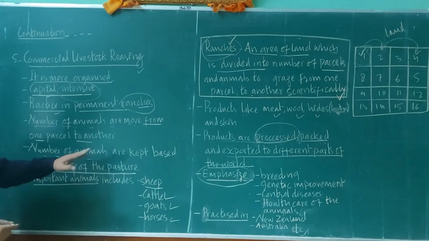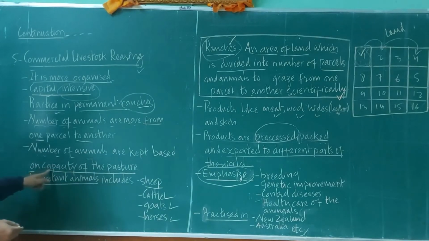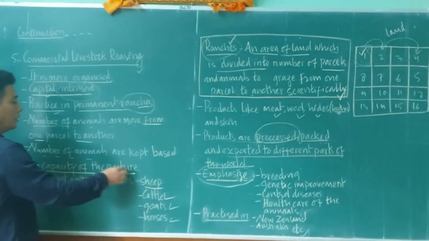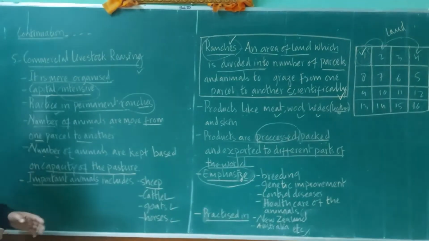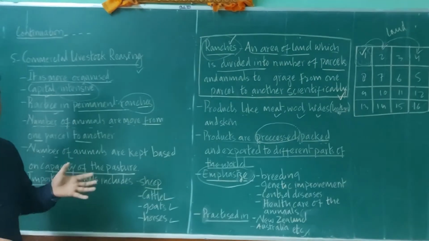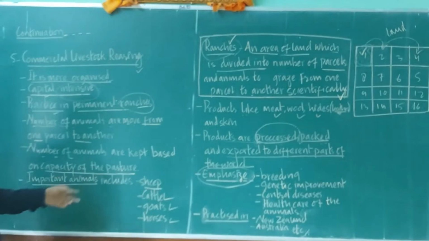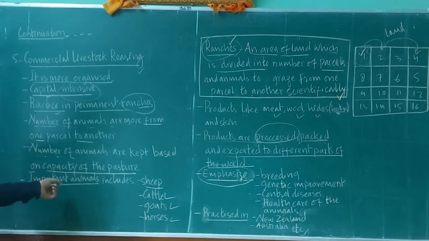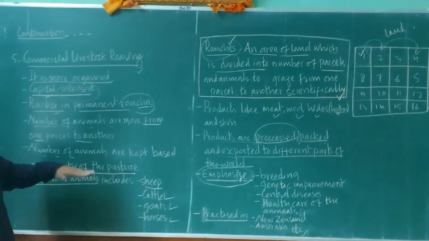A number of animals are kept based on the capacity of the pasture. They see the pasture's capacity and pick the animals accordingly.